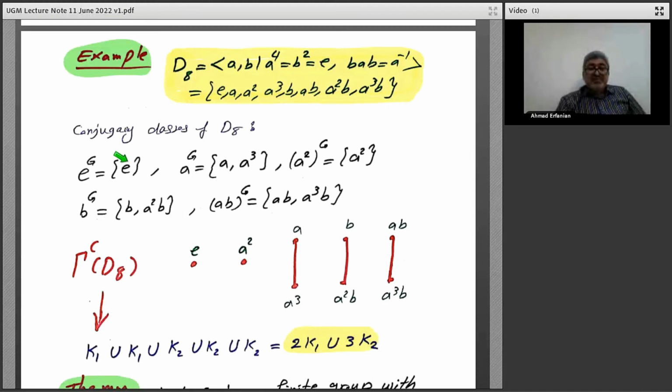So if you look at the dihedral group of order 8, again we have 5 conjugacy classes here. The conjugacy class of the identity consists of the singleton set identity, right?